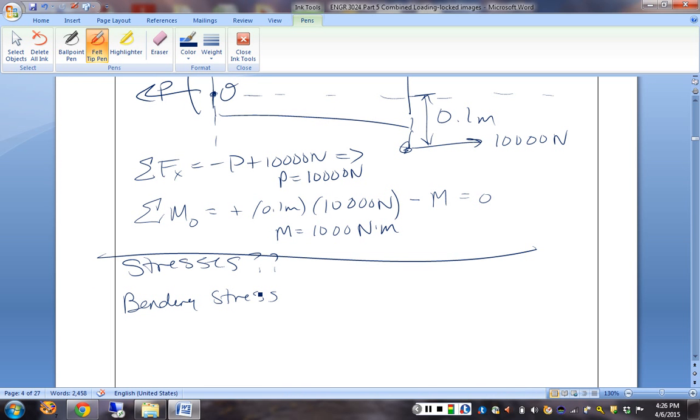Minus My over I, or we know that the maximum, because this guy is symmetric, is either plus or minus, that you're going to have the same value. So I'm going to call this sigma bend, and I'm going to call it Mc over I. We just figured out that this guy is 1,000 Newton meters. What's my c?